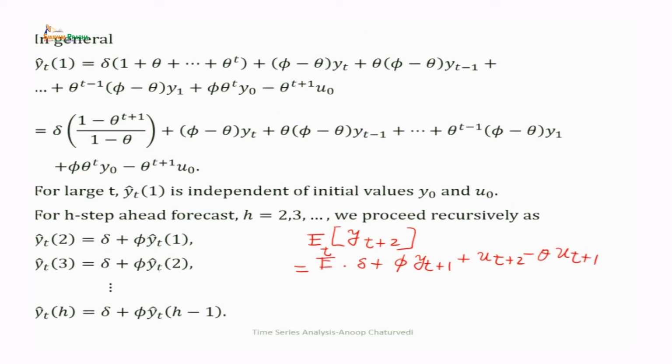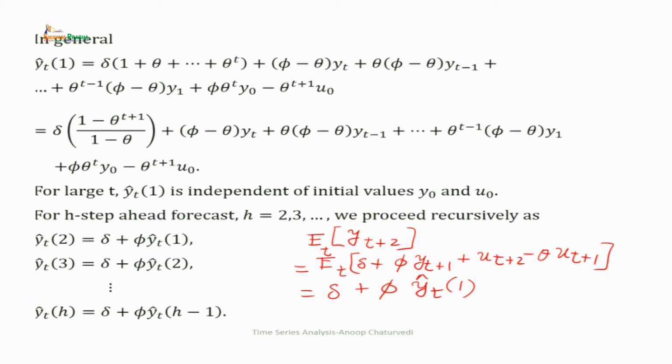And then you take expectation. So, you get delta plus phi times y hat_t(1); the expectation of the u_{t+2} term is 0, and the expectation of the u_{t+1} term is 0. So, you get this term.